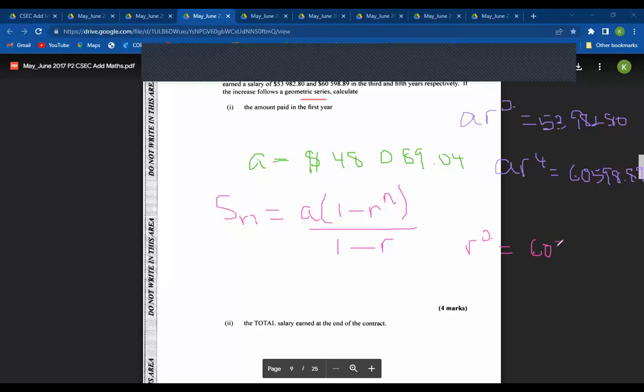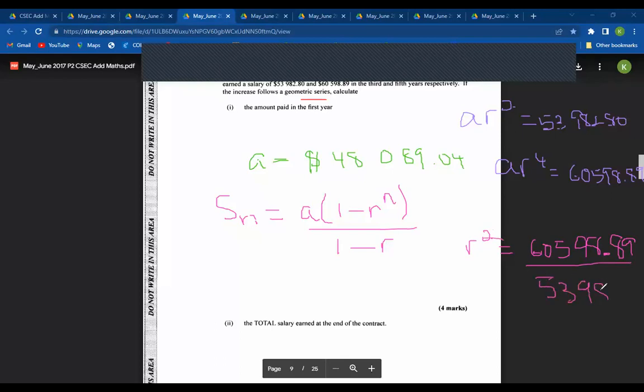That's why it would have been better if I did these two parts together. But anyways, can't change that now. After we divided the equations, r squared was this fraction here.